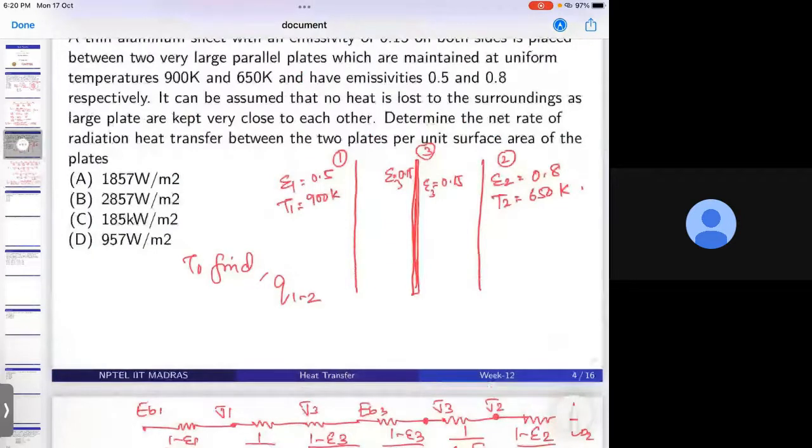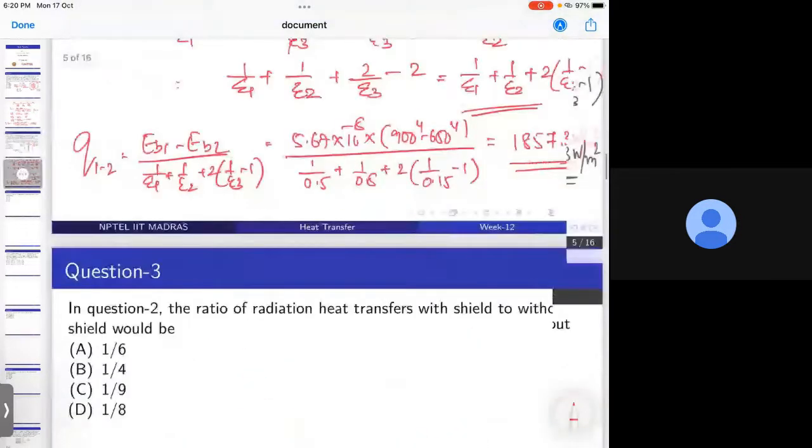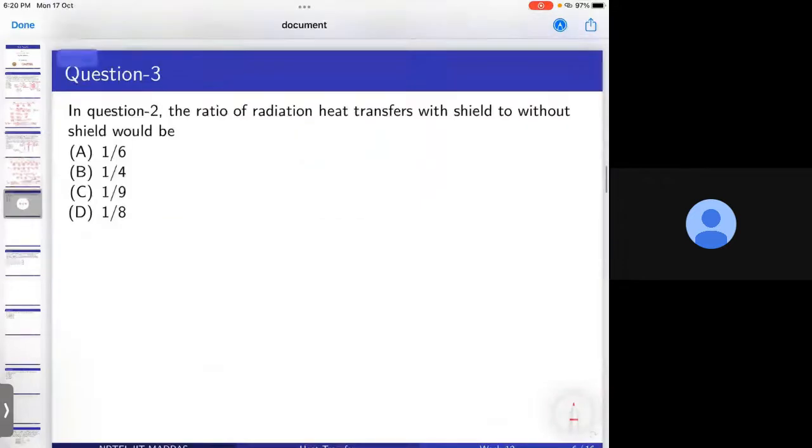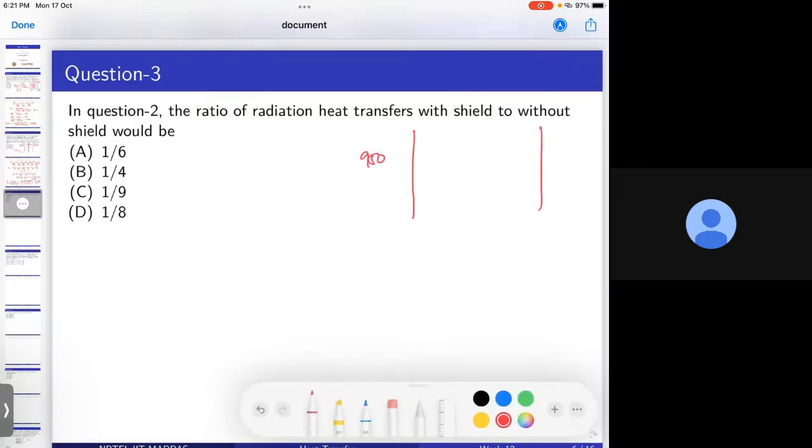Okay. So let's calculate. This is question number 3. It's also a continuation of question number 2. So we need to find out the ratio of the heat transfers with shield and without shield. So without shield, I will draw this.